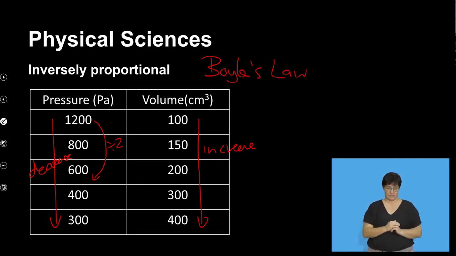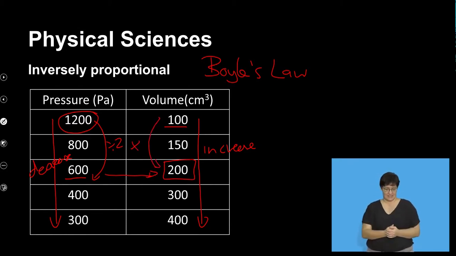And I'm going to say, if I take 1,200 and I divide by 2, I get 600. What has happened to the volume in relation to that? Well, I started with a volume of 100, and the corresponding value got to 200. So that is an increase of twice the amount. As I divided the one by 2, I multiplied the other by 2.